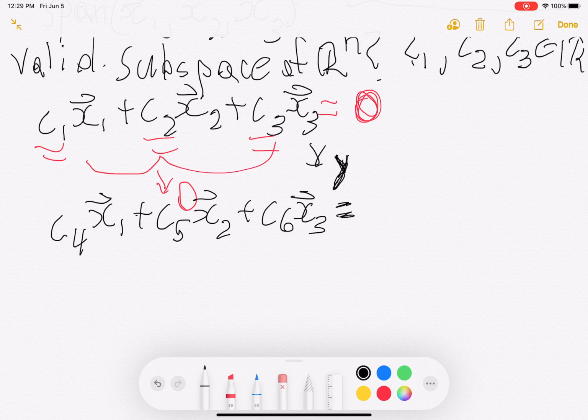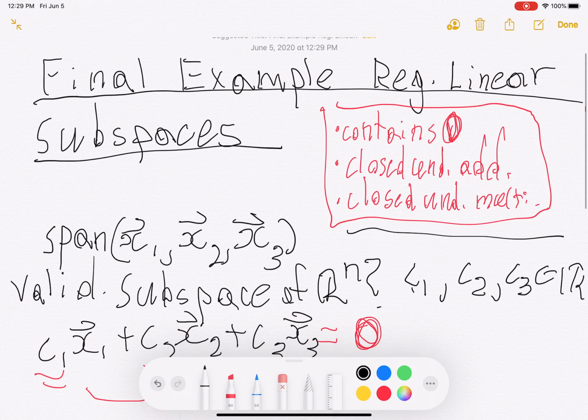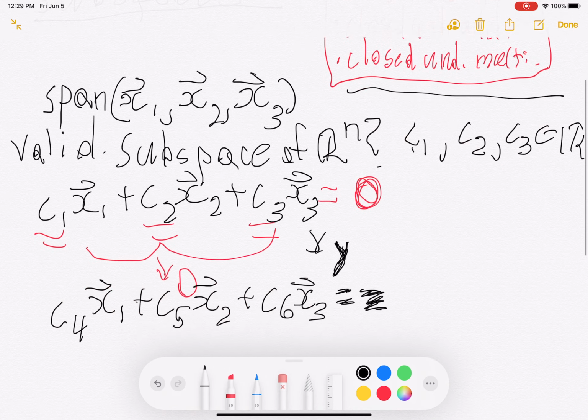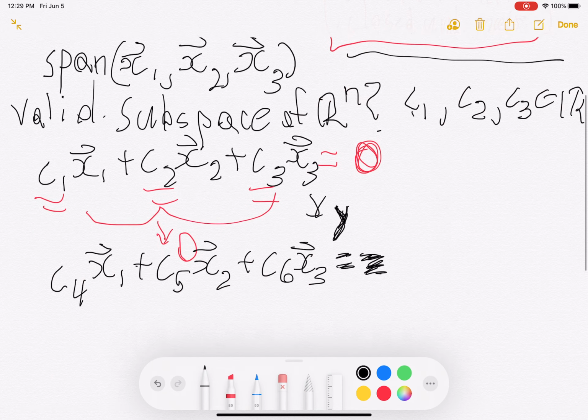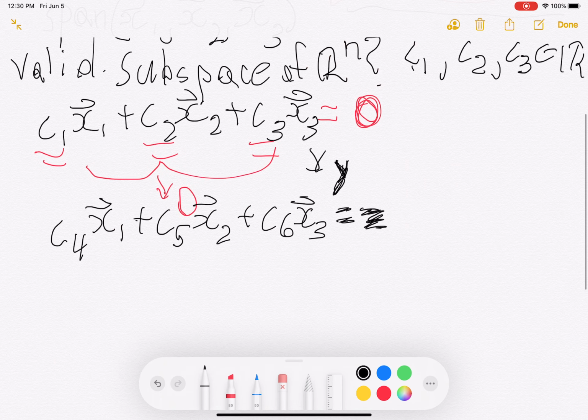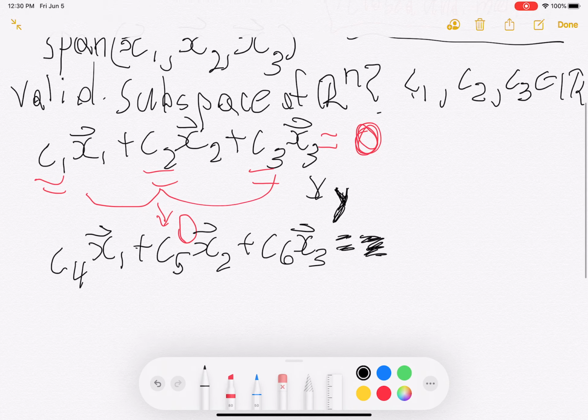And we'll set that equal to z. Okay, so this is completely valid because the span of these three vectors makes up all the linear combinations of those vectors. So we can just pick any arbitrary value of c sub i, right?